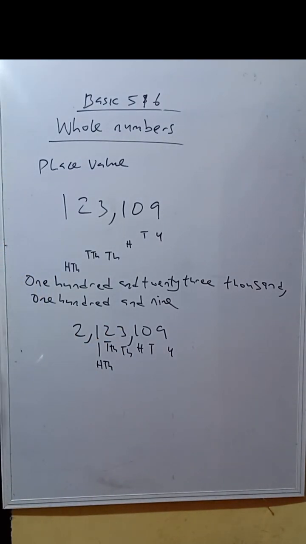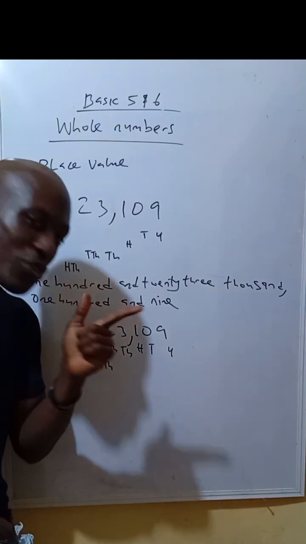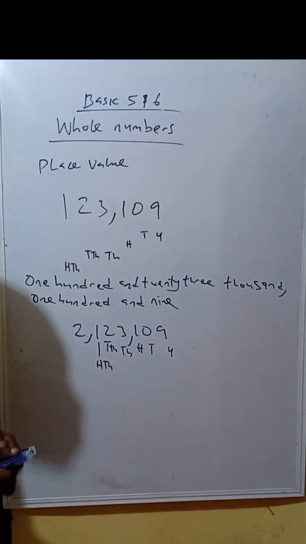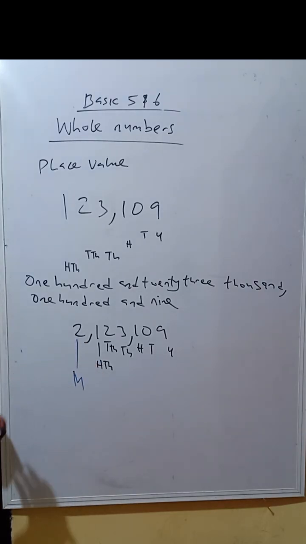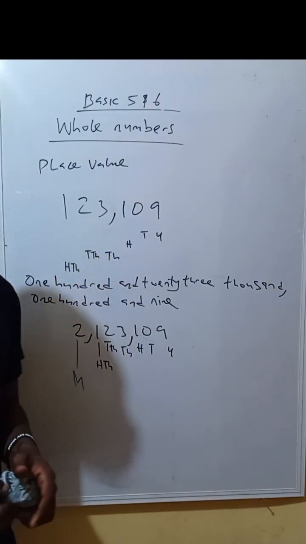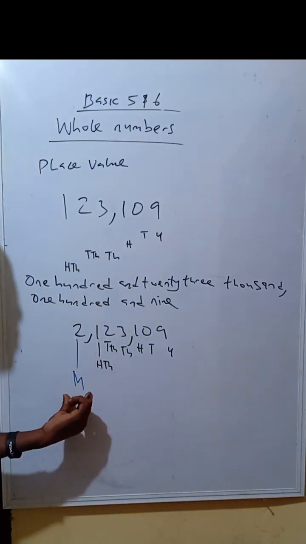Now this is supposed to be thousand of thousand, but there's a word we use for thousand of thousand. Please don't write thousand of thousand. It's called million. So this is 2 million.